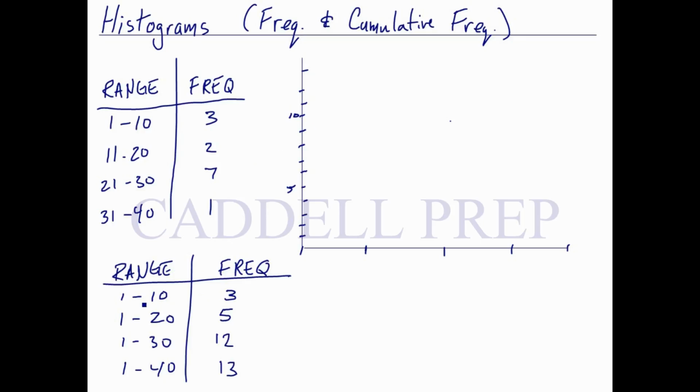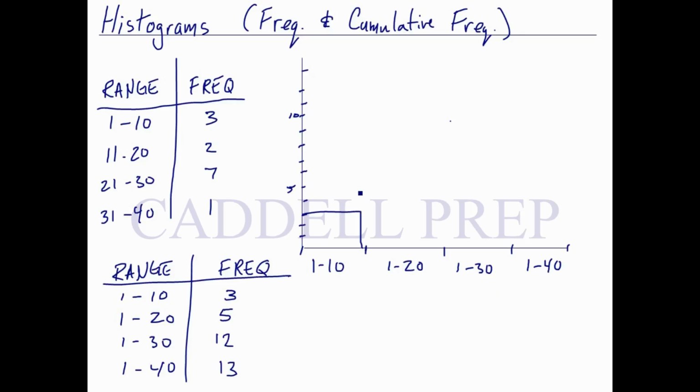Alright, so 1 to 10 is 3, so it's going to look like this. Oh, and I have to make the interval down here. 1 to 10, 1 to 20, 1 to 30, and 1 to 40.